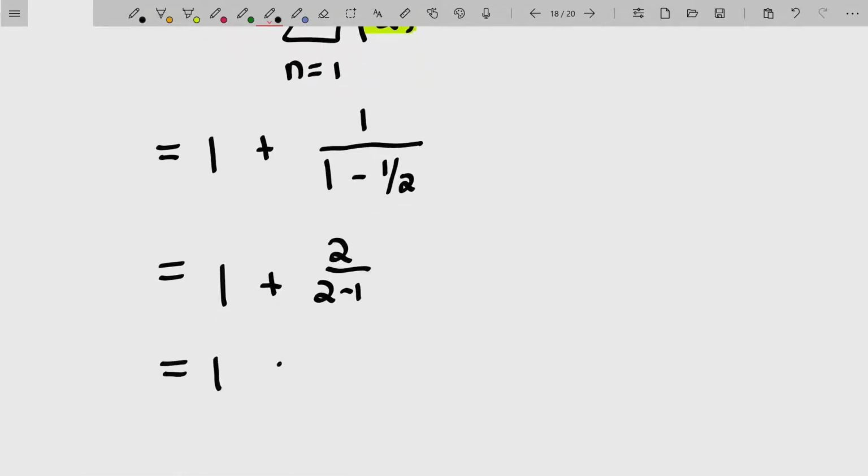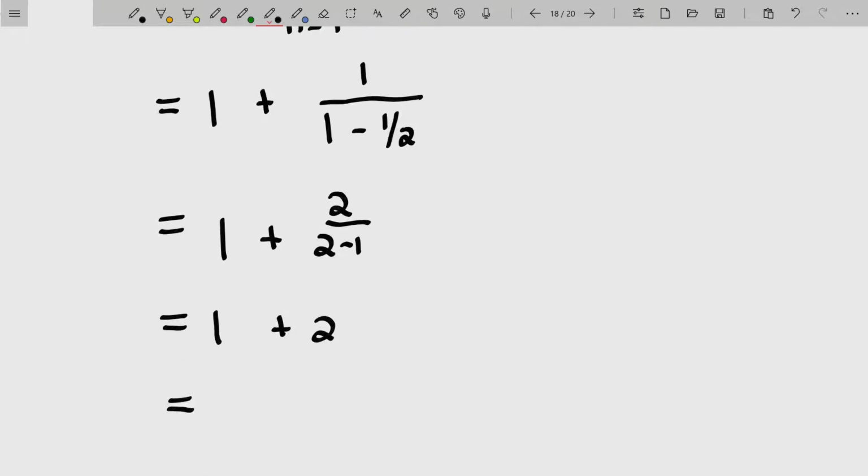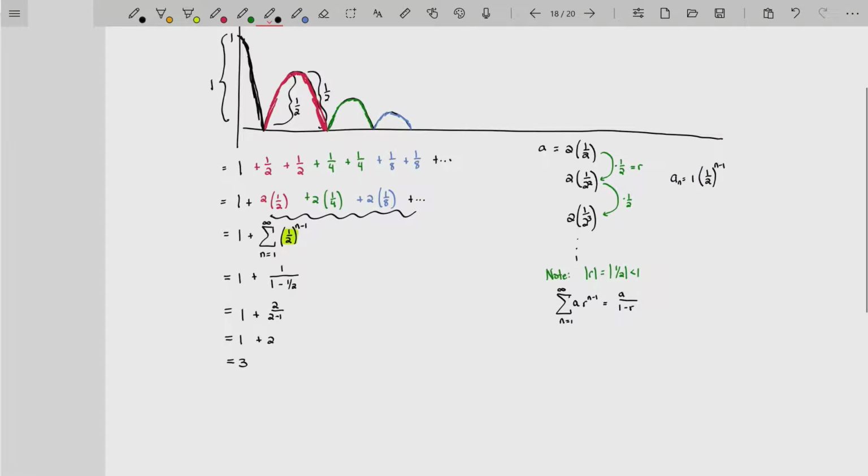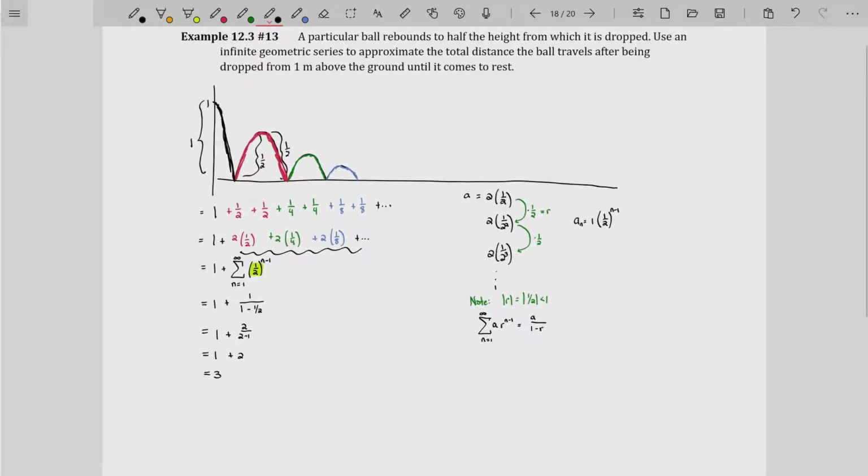So this is 1 plus 2 or 3. So if it's allowed to bounce forever and ever and eventually settle down, it travels 3 meters over that entire distance. That's pretty good, right? Yeah, I think that works beautifully.